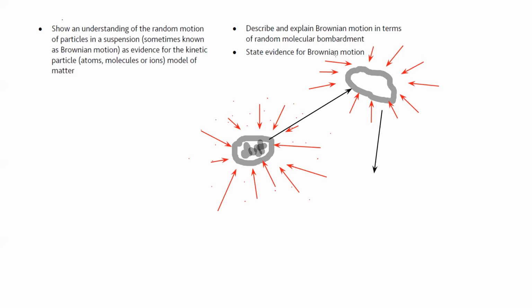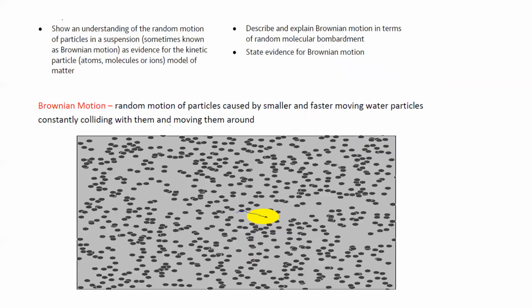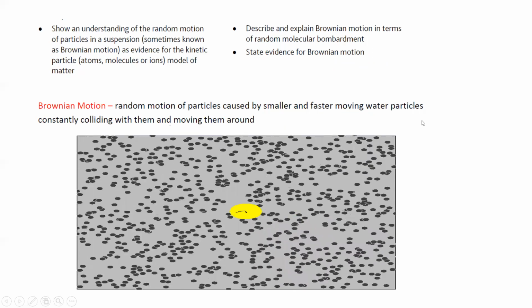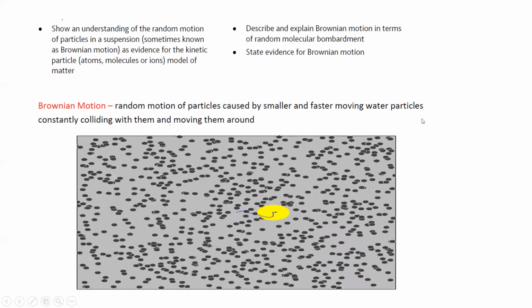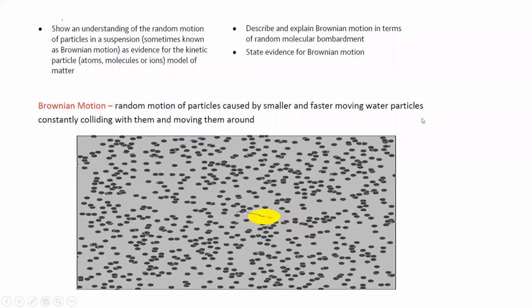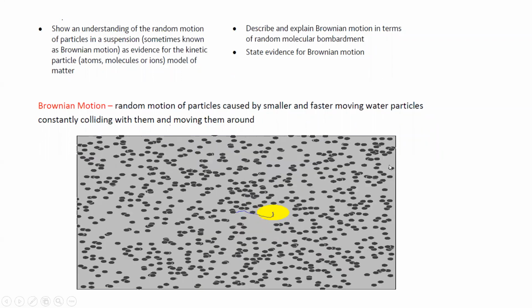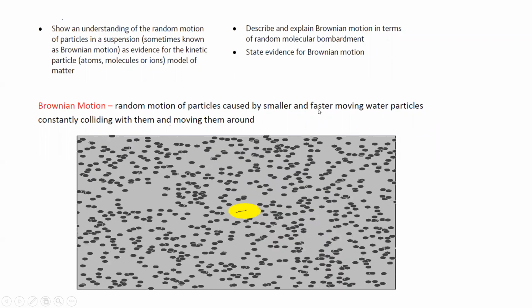And why does the particle undergo Brownian motion? Because the smaller particles are hitting the heavy particle, which causes the random motion of these heavy particles. As you can see here, the black dots represent the air molecules and the yellow spot represents a dust or smoke particle. As these air molecules continuously hit the dust particle, they cause a random movement of this dust particle, which we call Brownian motion.